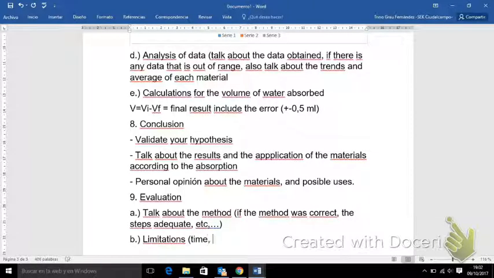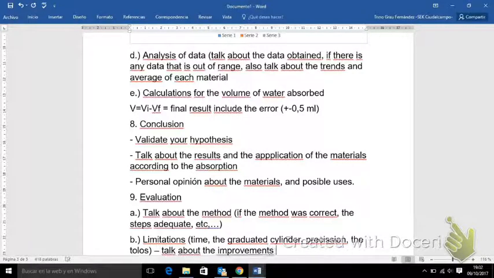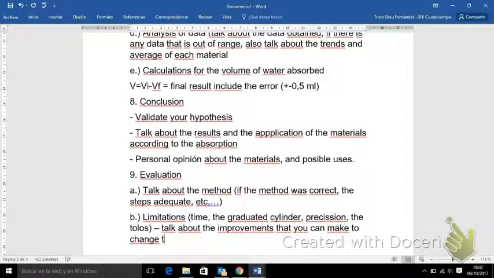For example, the time, the graduated cylinder, the precision, the tools, and at the same time you talk about the limitations, you talk about the improvements that you can make to change those limitations, or to improve the method.